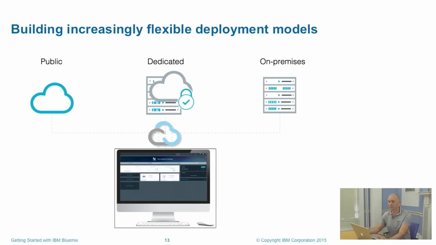And then the other deployment model that we're going to be introducing is the on-premise, where you can set aside certain resources within your own data center and Bluemix will run within that data center. So we've got the dedicated running on our public cloud, or the option to move Bluemix onto your own premises.